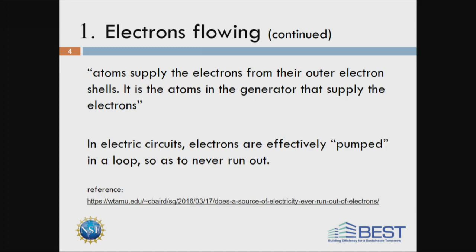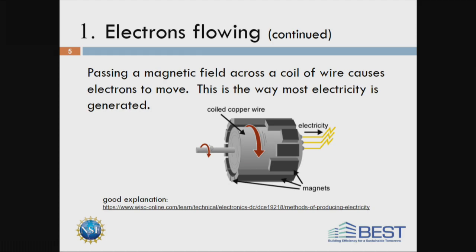There's a website there, and it talks about why you never really quite run out of electrons on a system like that. This is from DOE, the picture. But when you move a magnet through a coil of wire, it also has a way of generating electricity by stripping electrons.